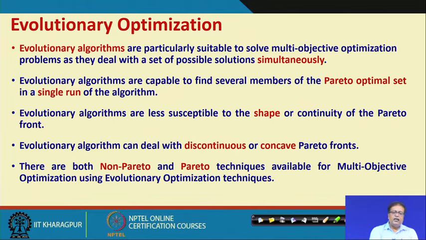Evolutionary algorithms are capable of finding several members of the Pareto optimal set in a single run, and they are also less susceptible to the shape or continuity, convex or concave, and they handle concave or discontinuous ones very nicely.